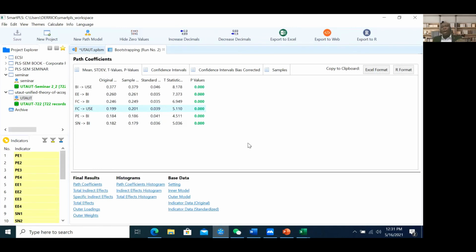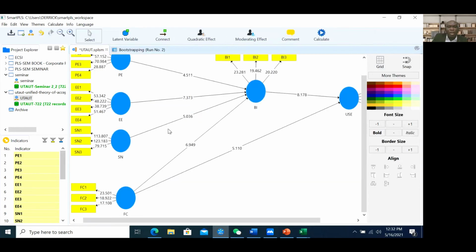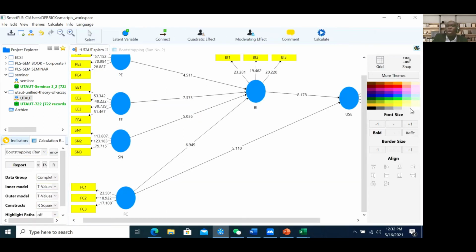So you can either have no mediation, where the indirect effect is insignificant. Once the indirect effect is insignificant, whether or not the direct effect is significant, there's no mediation. If the indirect effect is significant but the direct effect is not, then you have a total mediation. If both the direct and indirect effects are significant, then you have a partial mediation. So in this diagram, what we have is a partial mediation.